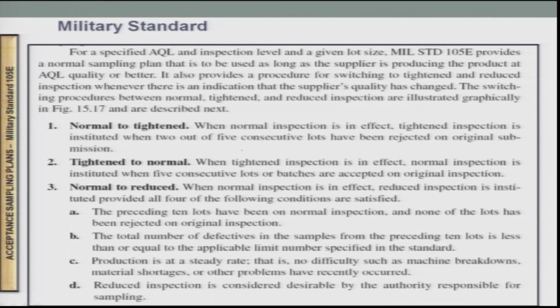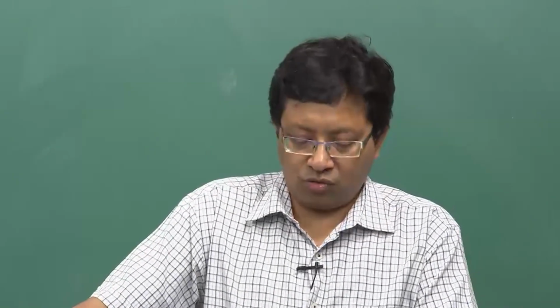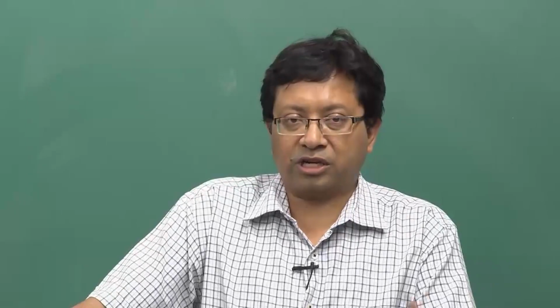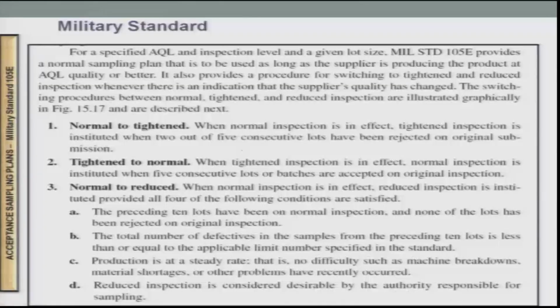Third, production is at a steady rate, that is, no difficulties such as machine breakdowns, material shortage or other problems have recently occurred. Obviously, they would be considered as one of those 4 points based on which the normal to reduced inspection concepts can be utilized. And the last one is that reduced inspection is considered desirable by the authority responsible for sampling, because that would reduce the cost.